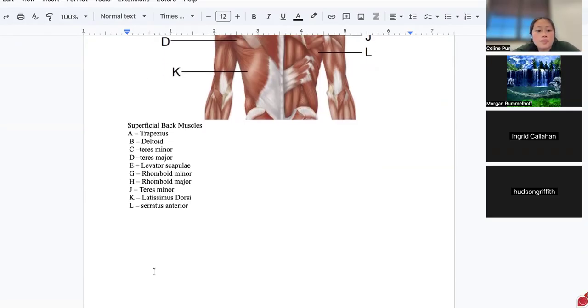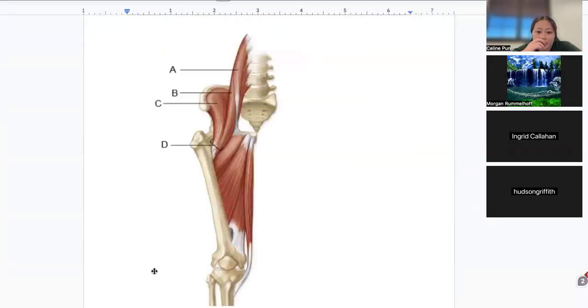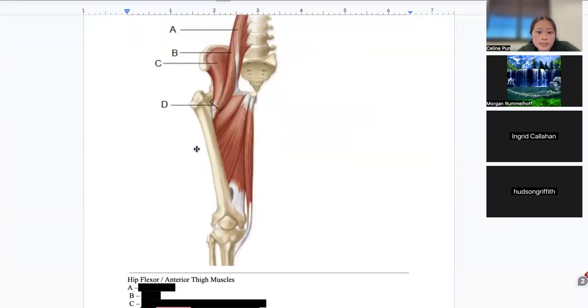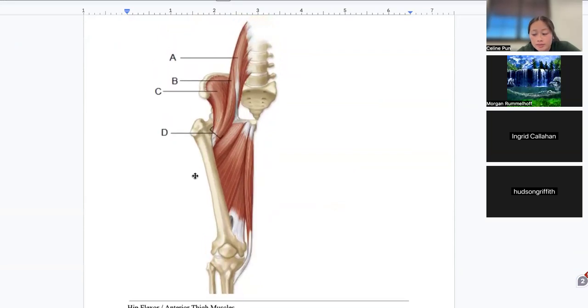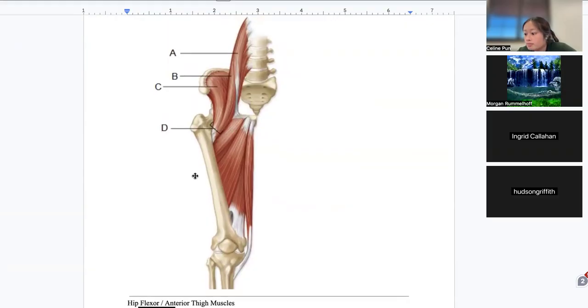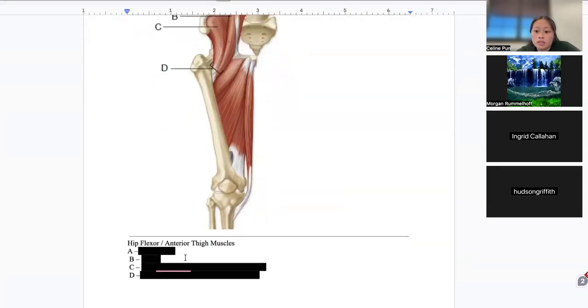Okay. I think these are our last ones for today. A, B, C, D. These are your hip flexors, your anterior thigh muscles. What is A? The psoas major.